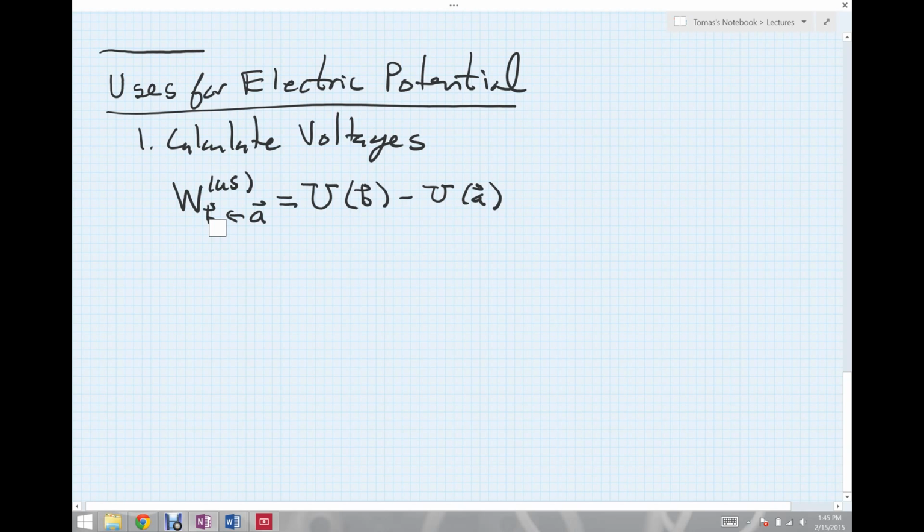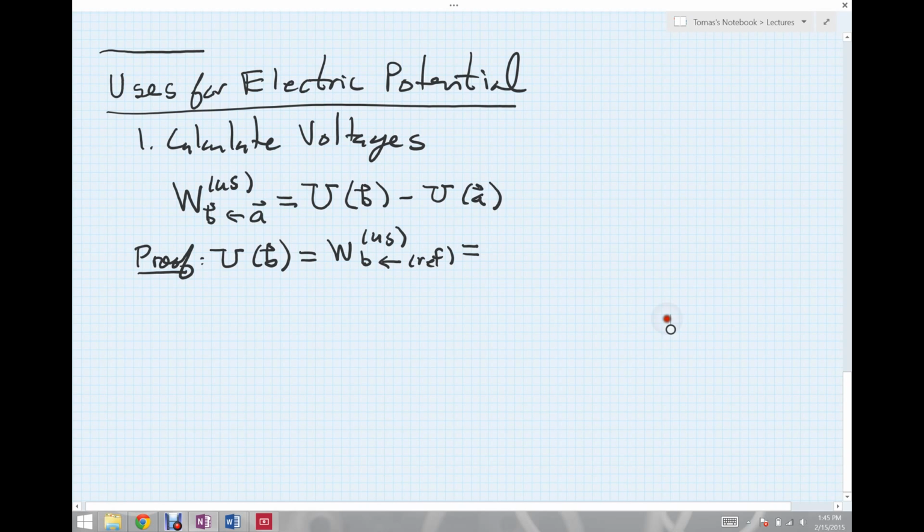There's a quick proof of this, if you like. The proof would go something as follows. If we want to know, for instance, the potential at location B, all that we would have to do is remember that this is the work done by us to take the object from our reference point and to locate it at location B. But that amount of work can be broken into two steps using our path independent property.